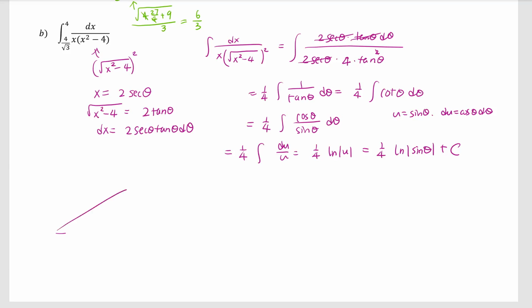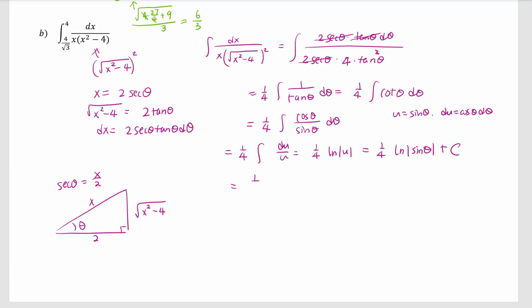So next, change back to x. So secant theta equals x over 2. Secant is 1 over cosine, so hypotenuse over adjacent. Here, by the Pythagorean theorem, the opposite side is square root of x squared minus 4.